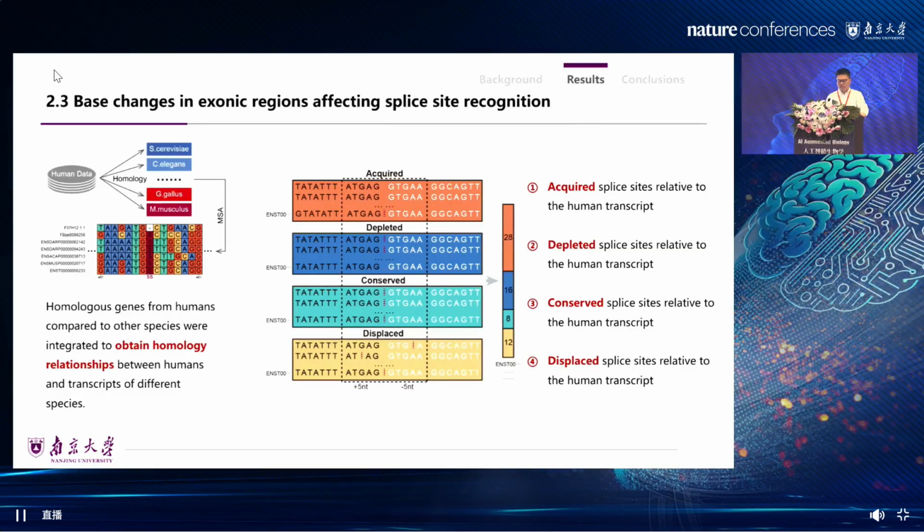To explore this evolutionary dynamic, we analyzed the homologous genes across species and characterized the splice sites as acquired, defined as new splice sites relative to the human transcript, conserved splice sites relative to the human transcript, and displaced splice sites relative to the human transcript.